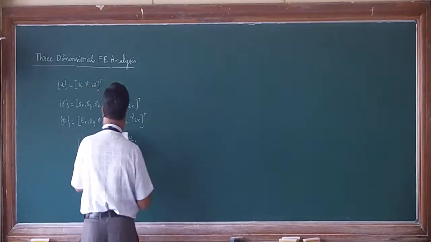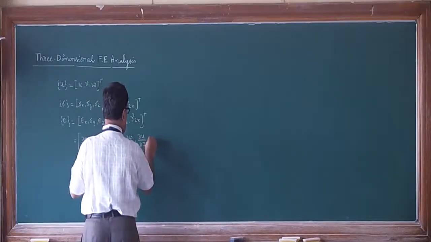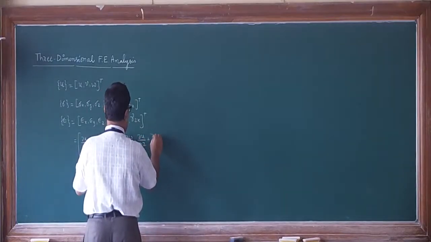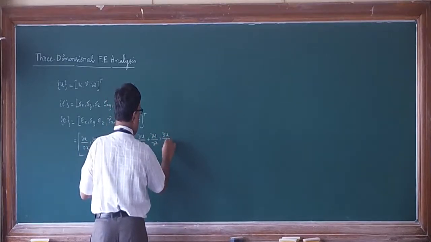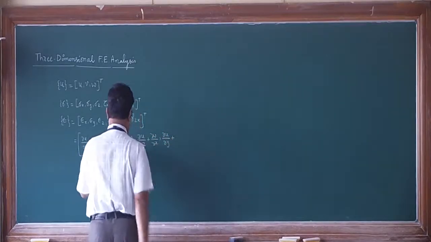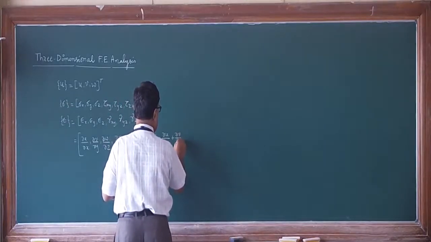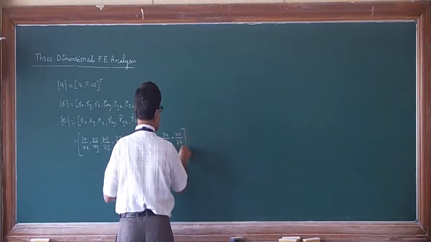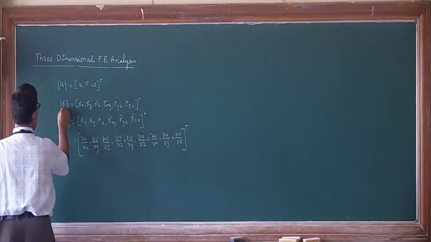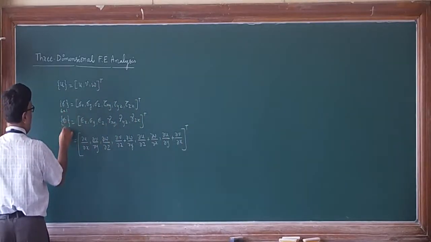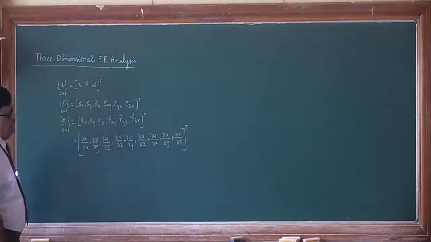For the next one, dou u by dou z plus dou w by dou x. Lastly, dou u by dou y plus dou v by dou x. And these are all transposed. See, the stress components are going to be 6 by 1, this is also 6 by 1, and this is 3 by 1. These are the matrix sizes.